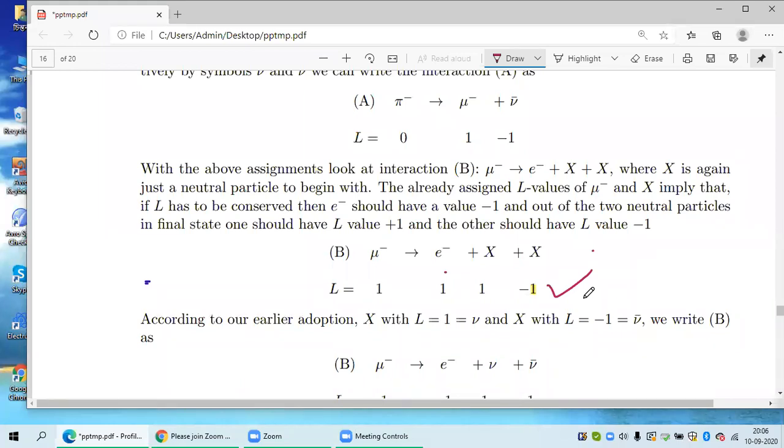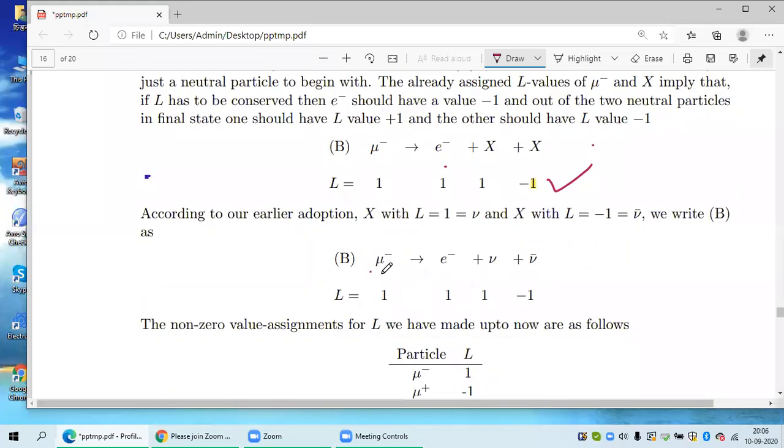In that way, we can write muon decay like this. So muon decay is one neutrino and an antineutrino. So nu means L with 1, nu bar means L with -1. Here, this is nu and this is nu bar.